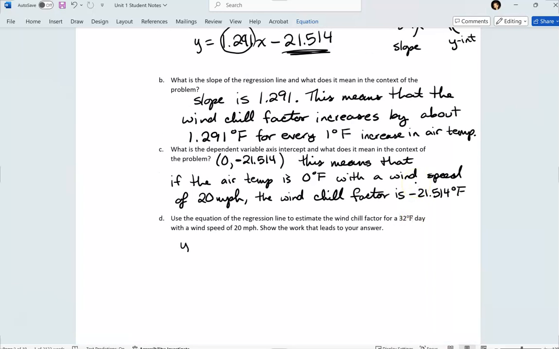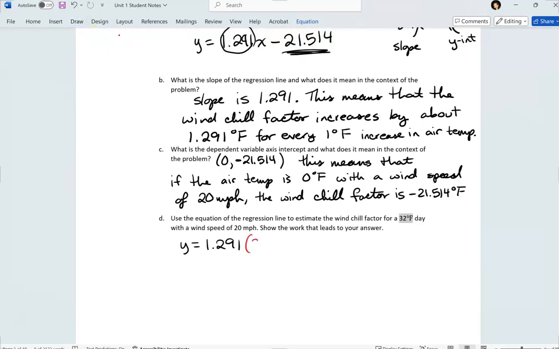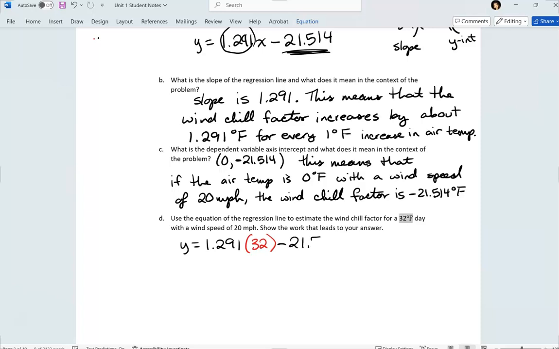So y is going to equal 1.291, and then we're plugging in 32, and subtracting 21.514 because that's the rest of the equation.